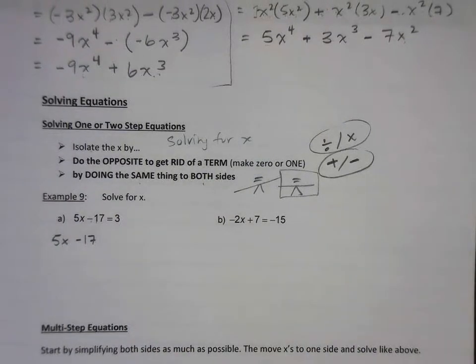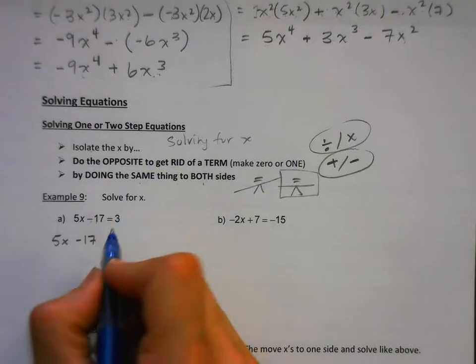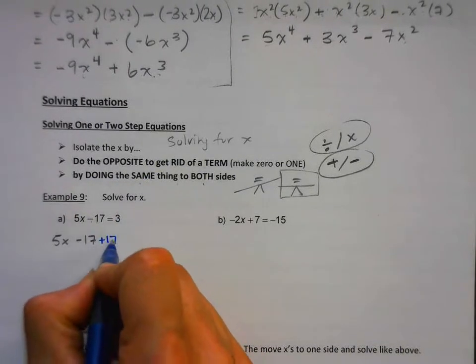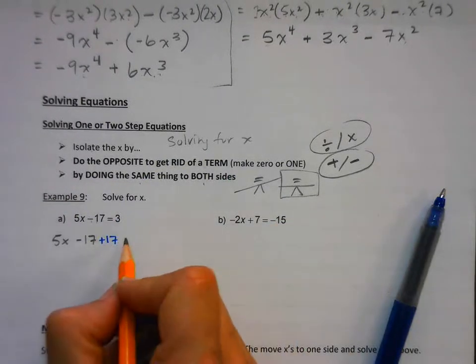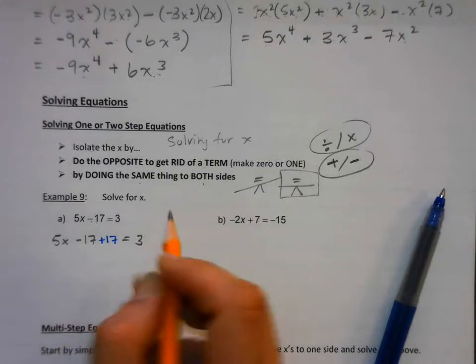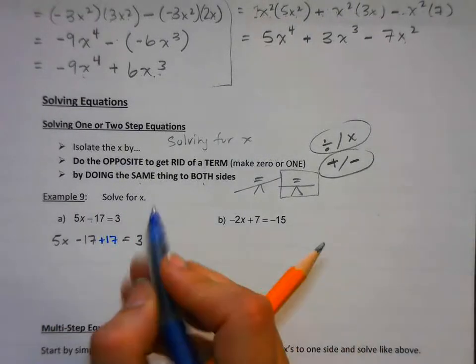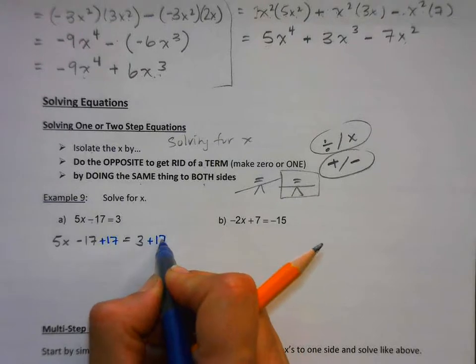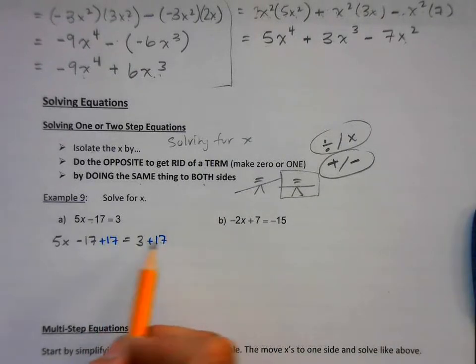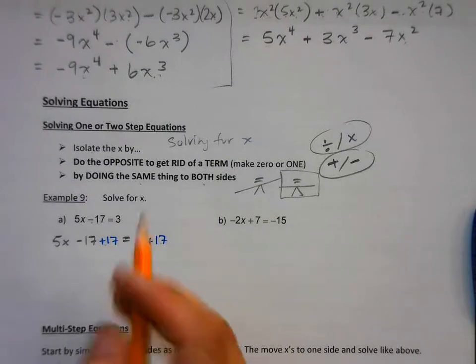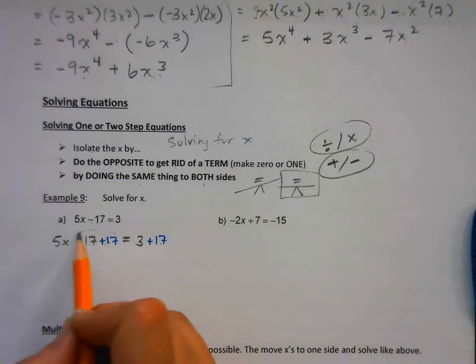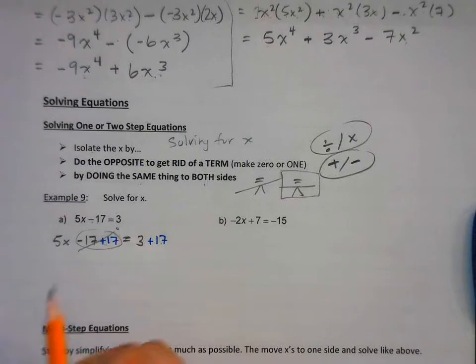So I'm going to take a different color and say, I'm going to add 17. But I need to keep it balanced. So whatever I do on this side, I must do on the other side. So there I've done the same thing on both sides. This is what's going to keep it balanced on the equal sign. So we're always doing that so that this becomes 0.